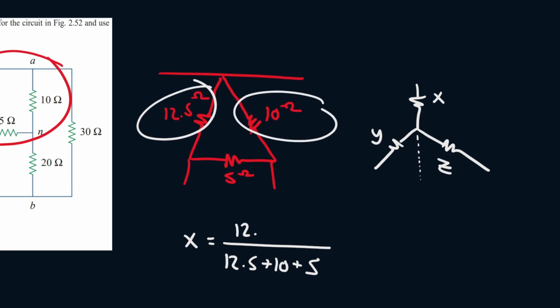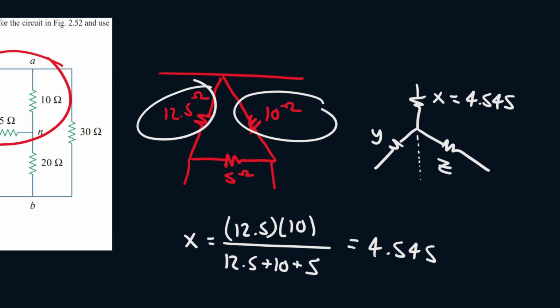So it'll be 12.5 times 10. Okay? And what is that equal to? 12.5 times 10, that's 125, divided by 12.5 plus 10 plus 5, and that's 4.545. Okay, so that's what this portion is equal to, 4.545.